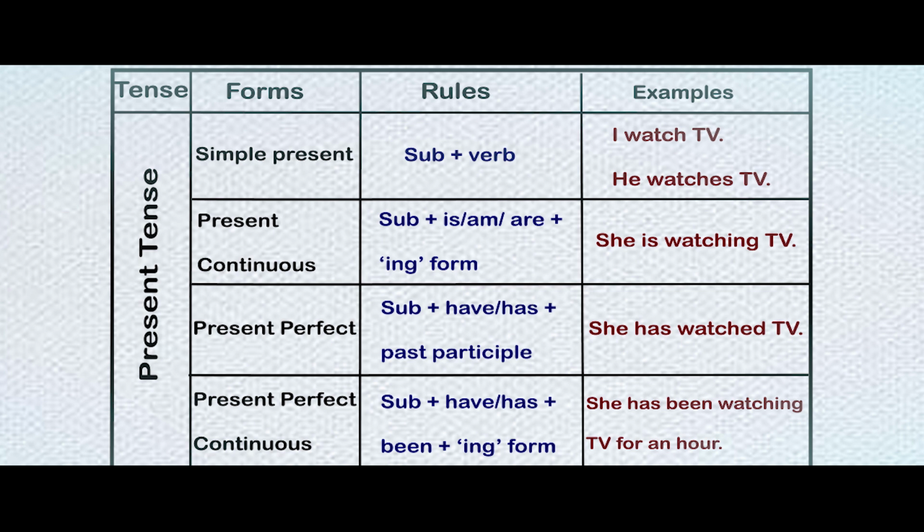She has been watching TV for an hour. See here how the rule is being applied. She here is the subject plus we have has plus been plus watching, which is the ing form of the verb.